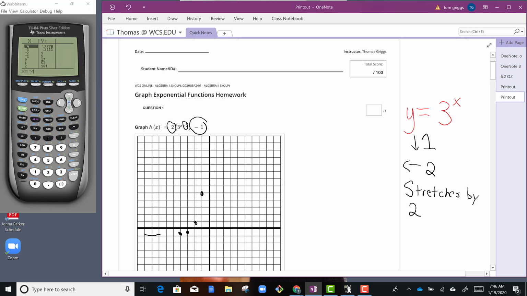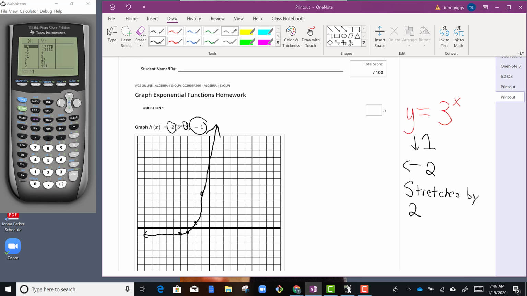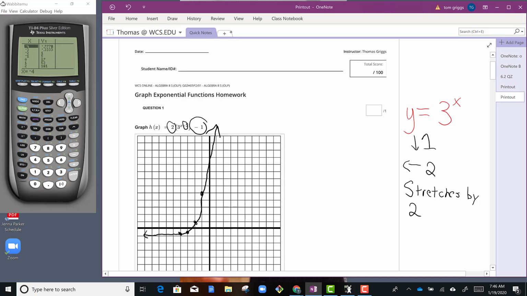And you'll notice that graph gets really close to y equals -1, but never actually reaches it. I'm going to also sketch my asymptote. And this can be tricky on a touch screen, but the barrier line is at y equals -1.